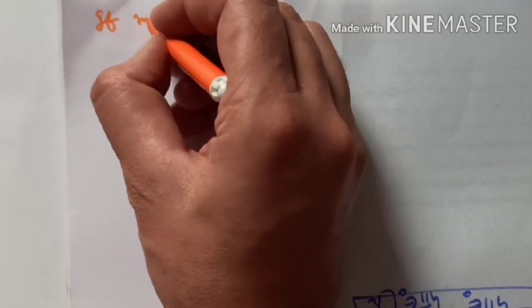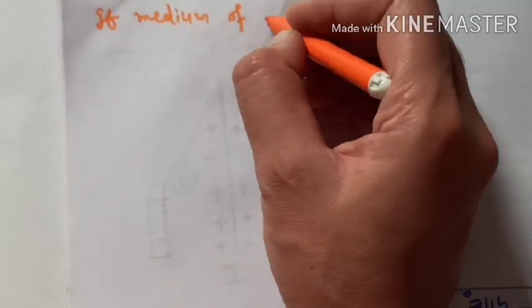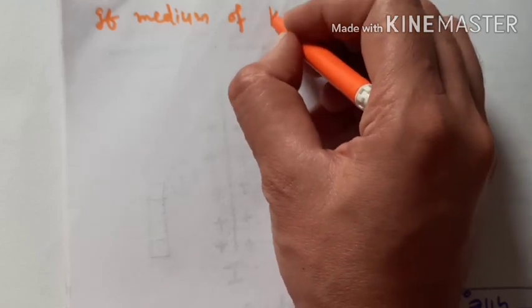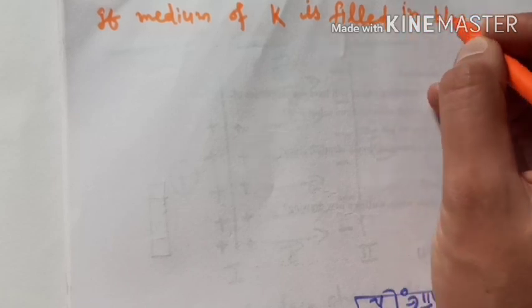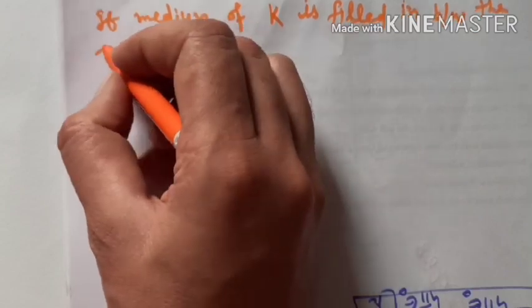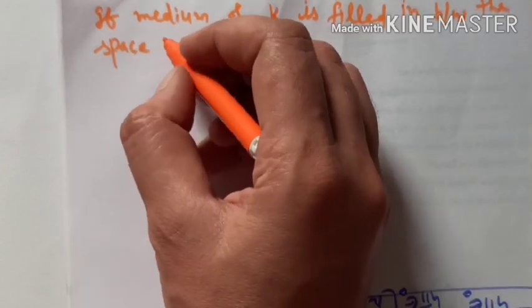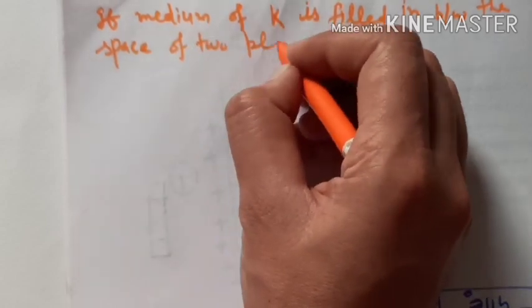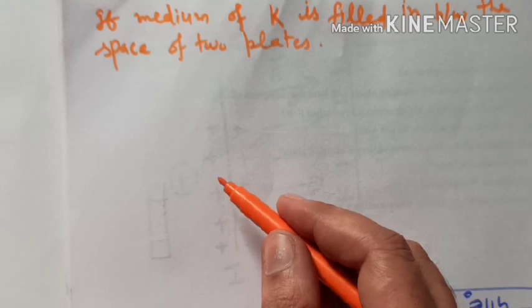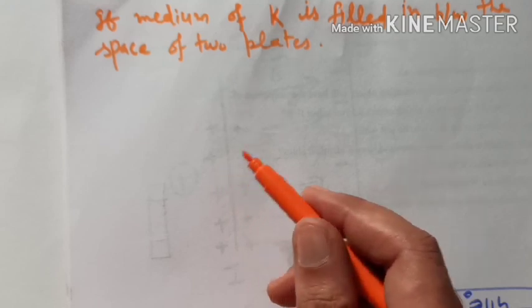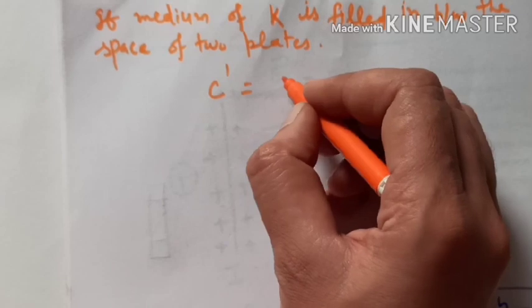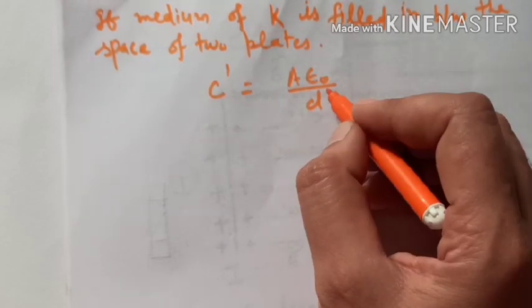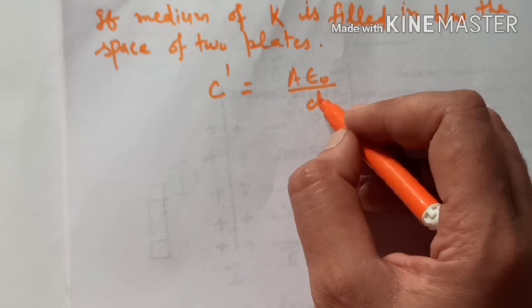If in the first case the medium between the two plates is air, in this case C dash is the new capacitance, A epsilon naught over D. This is the capacitance when the medium between two plates is air.